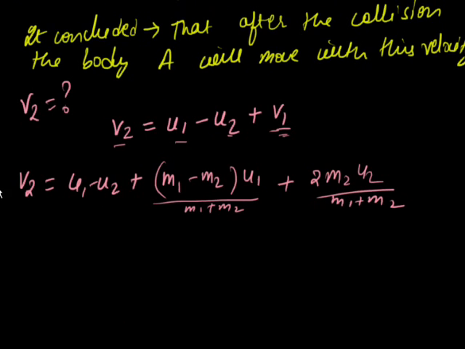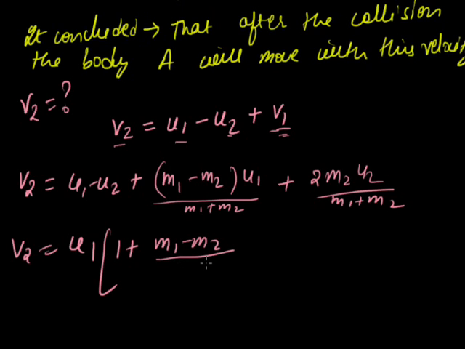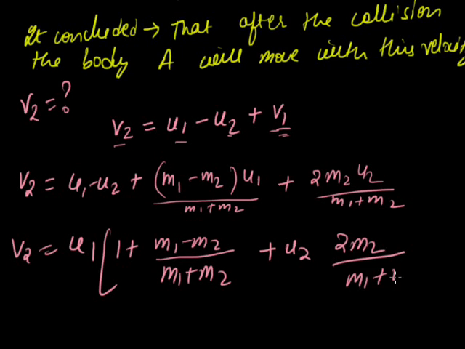After solving, we get v2 is equal to u1 into [1 plus (m1 minus m2) divided by (m1 plus m2)] plus u2 into [twice of m2 divided by (m1 plus m2) minus 1].